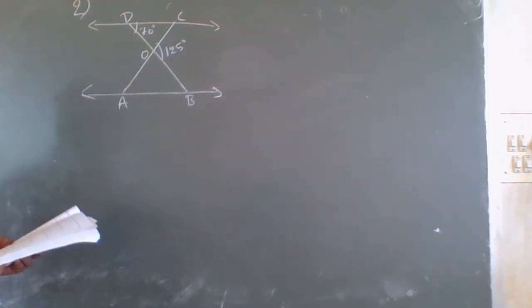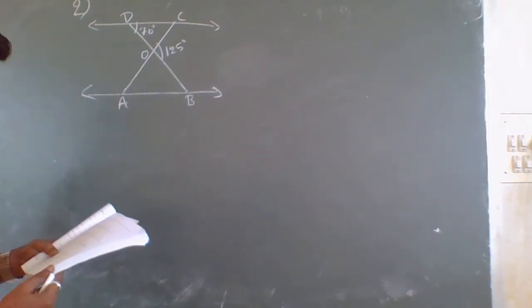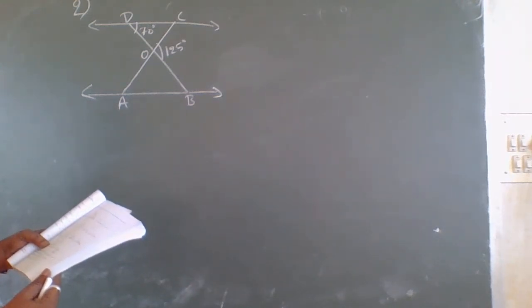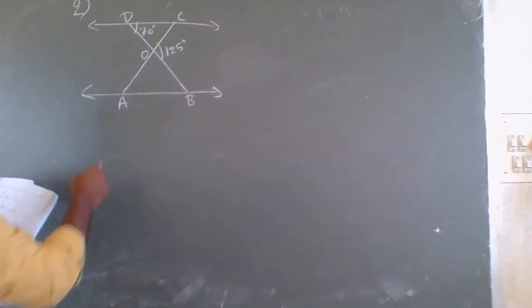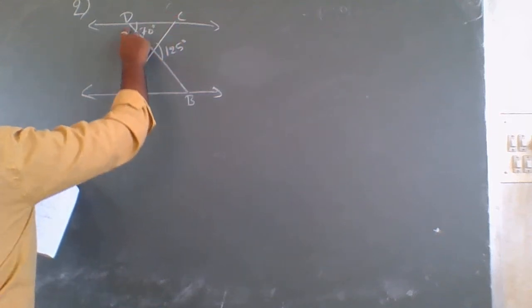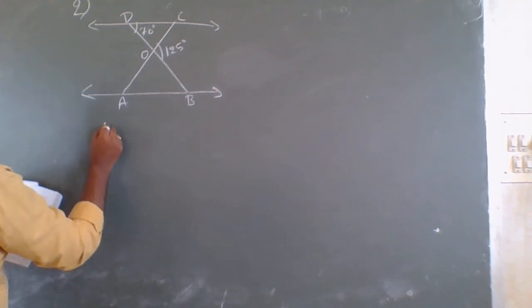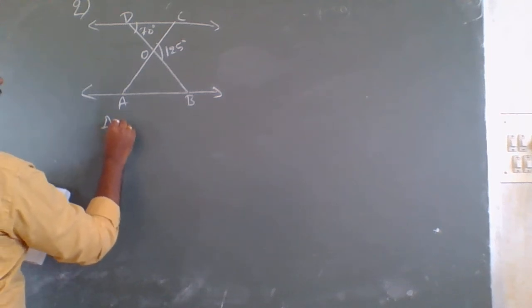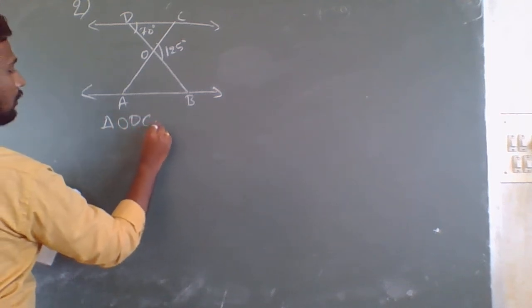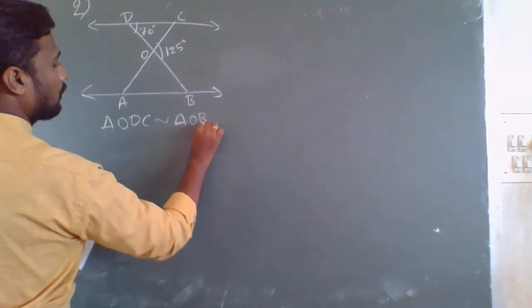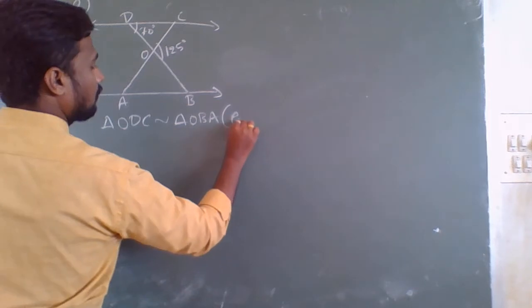Now, in this figure, triangle ODC is similar to triangle OBA. This is given.